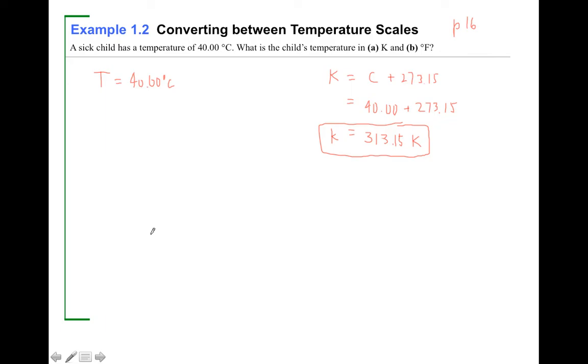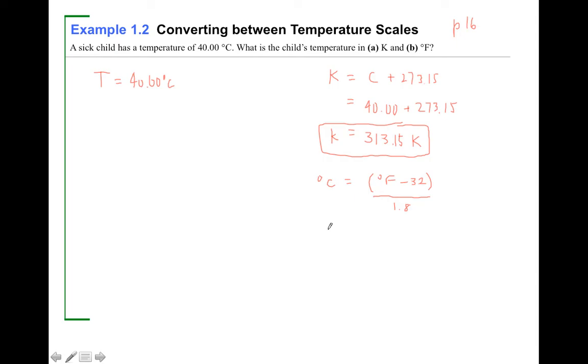All right, so let's look at part B now. For Fahrenheit, we know that the formula we're given on page 16 is degrees Celsius is equal to degrees Fahrenheit minus 32 divided by 1.8.